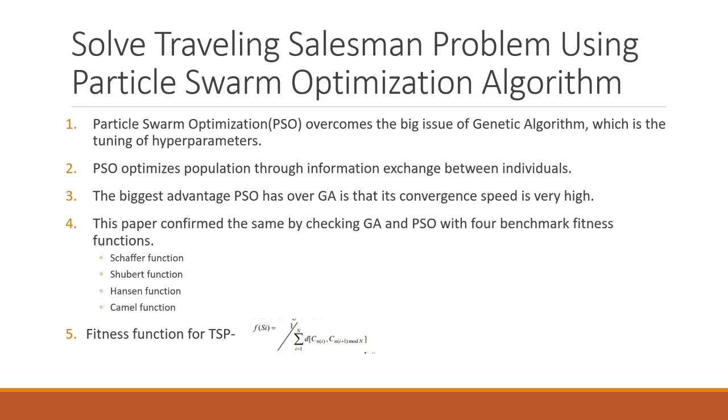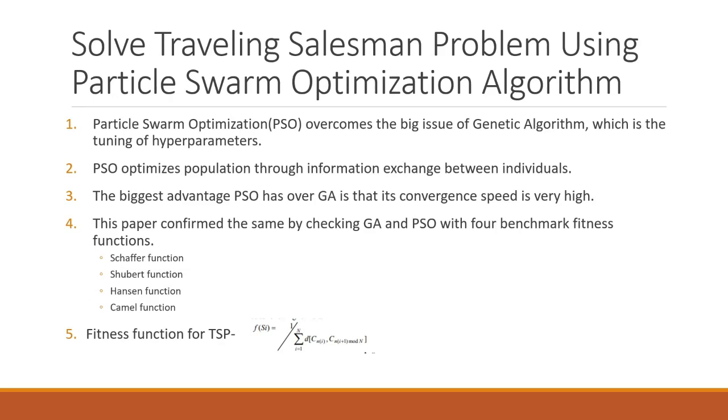which is solving the traveling salesman problem using the particle swarm optimization algorithm. This algorithm overcomes the big issue of the genetic algorithm, which is tuning of hyperparameters. They work on the same principle of having a population, but the PSO optimizes the population through information exchange between individuals, kind of like how reinforcement learning works. And the biggest advantage PSO has over the genetic algorithm is that its convergence speed is very, very high.